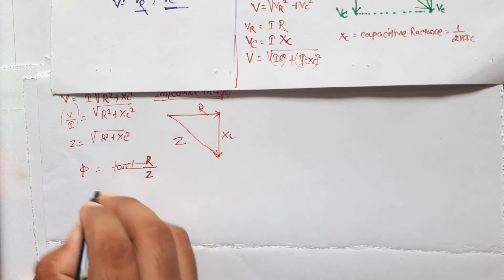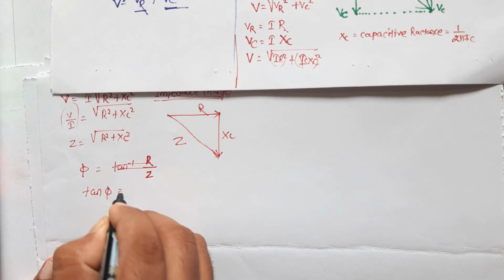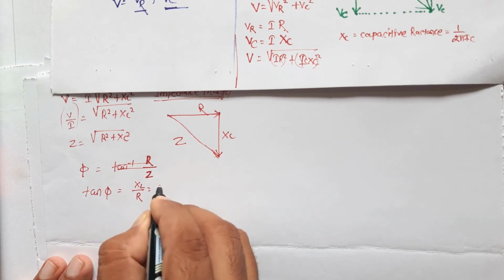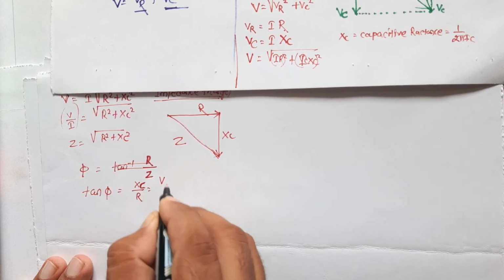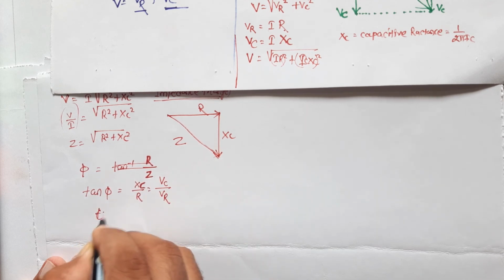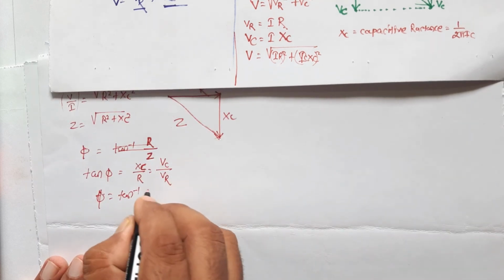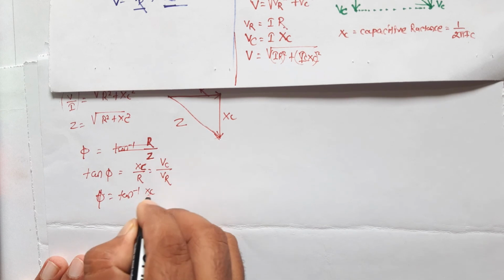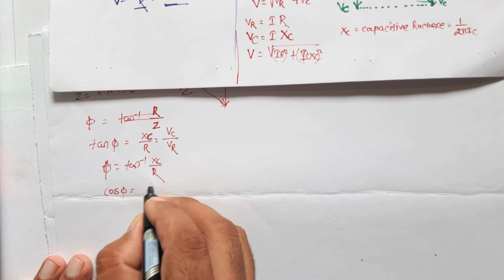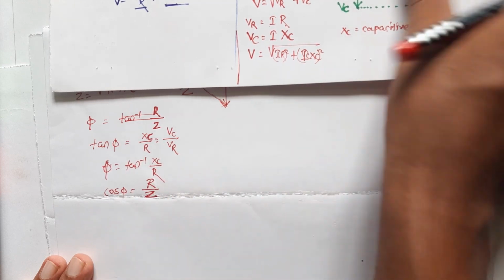For finding phi, we know that tan phi equals XC by R, or you can write VC by VR. So phi equals tan inverse of XC by R. Or cos phi equals R by Z, from this triangle.